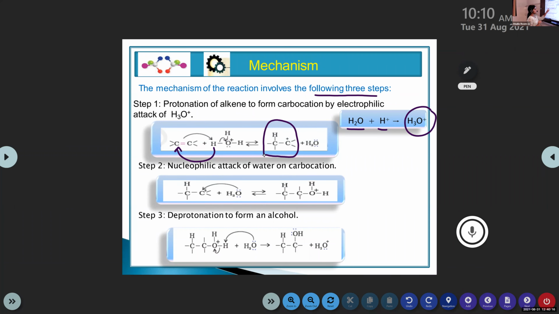From this H3O plus, one hydrogen is removed, and the remaining portion is H2O, with the lone pairs also represented. Is it clear about the first step? Protonation of alkene to form carbocation by electrophilic attack of H3O plus.